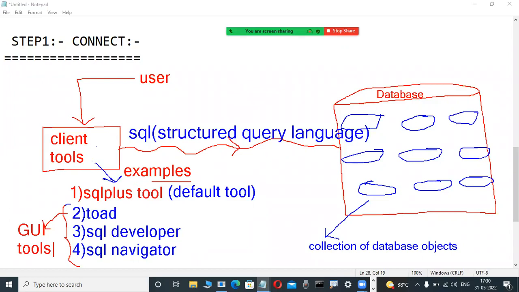Some fellows are asking about GUI. These are graphical user interface tools: Toad, SQL Developer, and SQL Navigator. But SQL Plus is a command line interface. Notes will be given, don't worry. These are client tools, and this is the server, a collection of database objects and users.